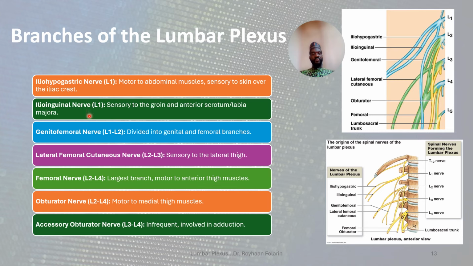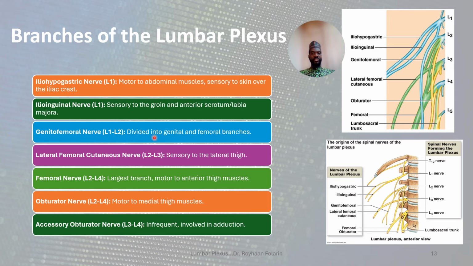And the second nerve is the ilioinguinal nerve, inguinal referring to the groin, right? So it provides sensory innervation to the groin and the anterior scrotum in males, while in females it provides sensory innervation to the labia majora. So both the iliohypogastric and ilioinguinal nerves provide nerve supply to the lower abdomen and groin.